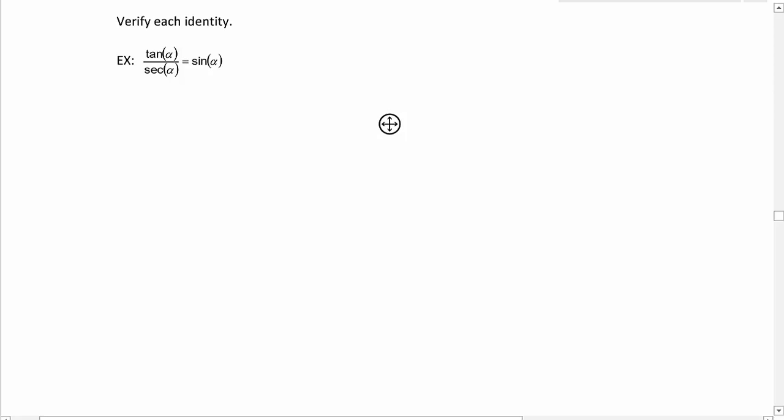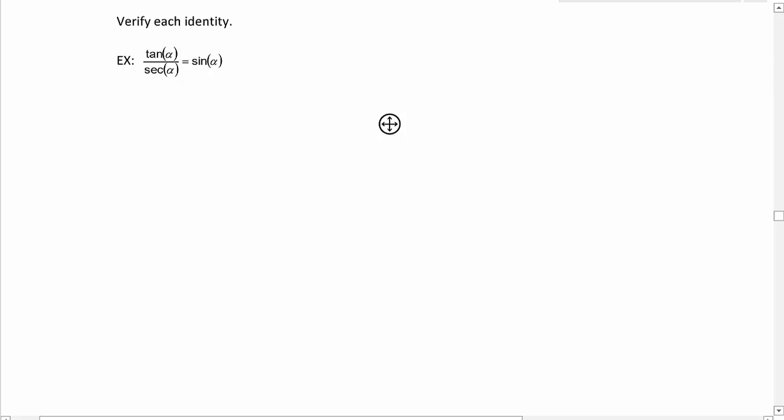I recommend that you start with the side that's more complicated, especially if there is an argument that's more complicated. I would start with that side because it's a lot easier to tear down an argument than build it up. Here, everybody's argument is alpha, so I would start with the side that is more complicated, which would be the fraction side.